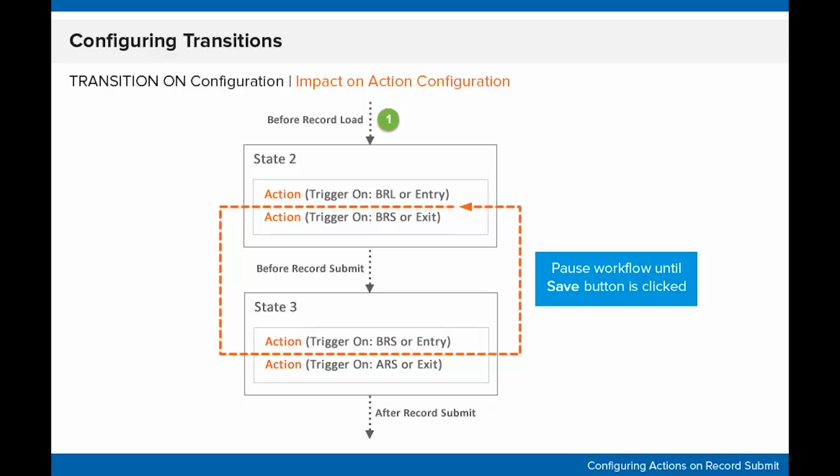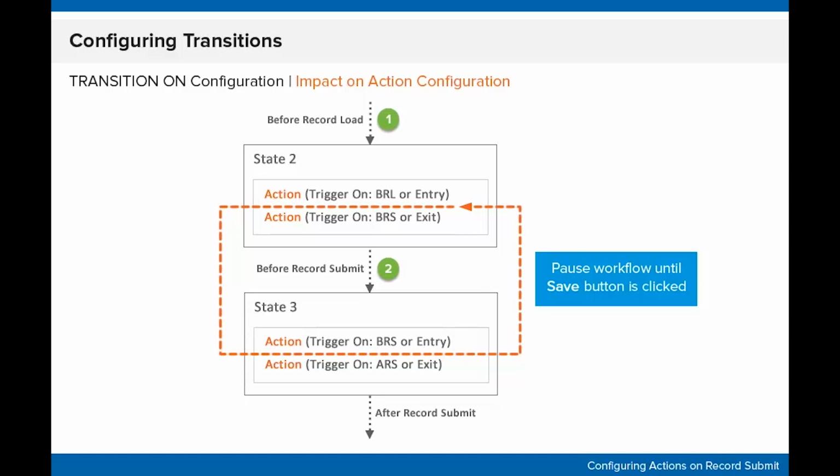In step 2, when the user clicks Save, the active trigger is changed to before record submit. As a result, the outgoing transition from state 2 to state 3 is now before record submit. Any actions configured on before record submit will be executed in addition to any actions configured on exit.